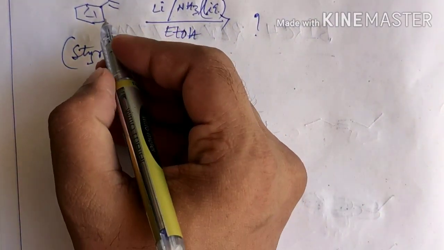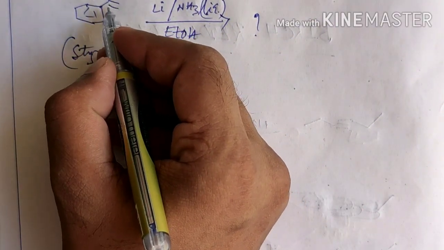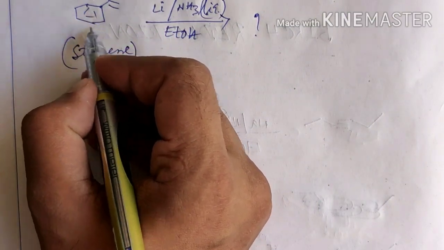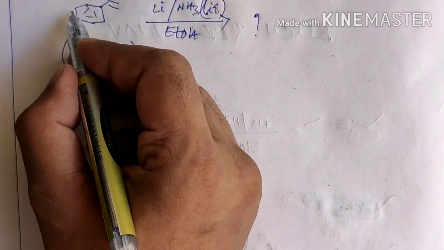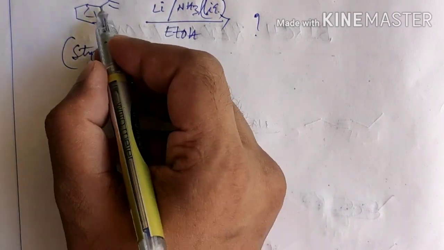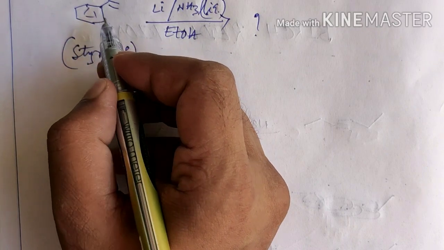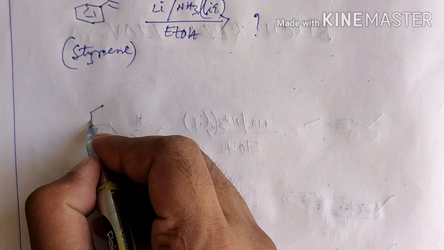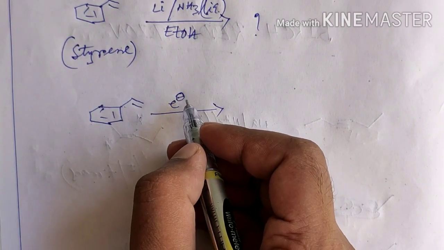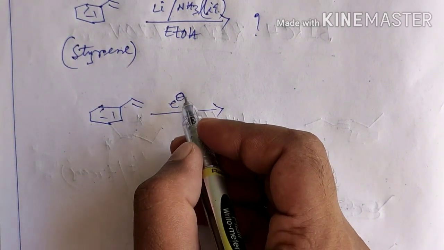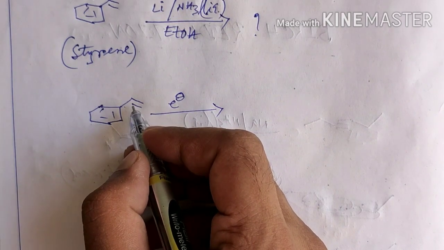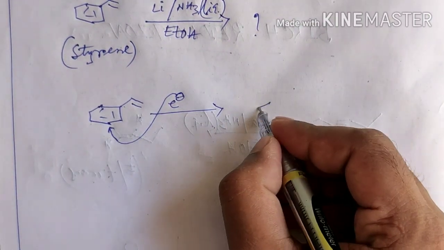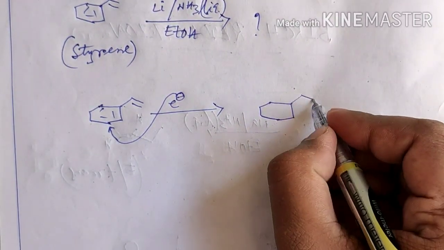Since this double bond can act as an electron donating group by entering into resonance with the benzene ring, the orientation of electron attack for the styrene case will be similar to a benzene ring containing an electron donating group. So the selectivity of electron attack will be according to a benzene ring containing one electron donating group, and the electron will attack at the meta position and the corresponding product will look like this.